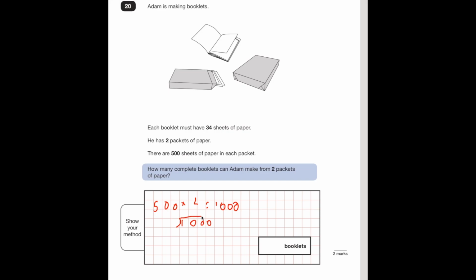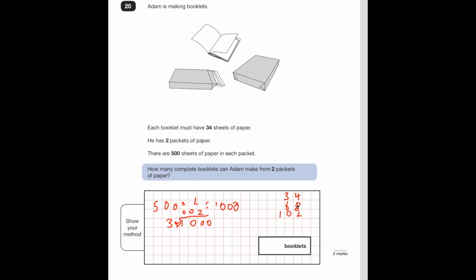So to do that, we need 1,000 divided by 34. How many 34s go into 1 is 0. How many 34s go into 10 is also 0. How many 34s go into 100? Well, in order to work that out, we should do some multiples here. 34, 68, 102. So how many fit into 100? It would be 2.